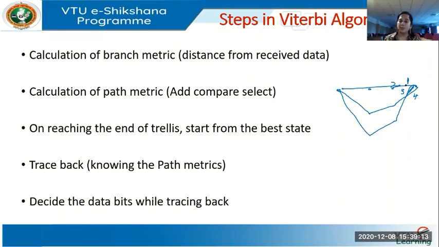Whichever is the lowest, we start from that path and we trace back. We go backwards and see what path results in this node, and that will tell us what data bits were supposedly transmitted. So as we move back by tracing the path, we get to know what bits were sent.